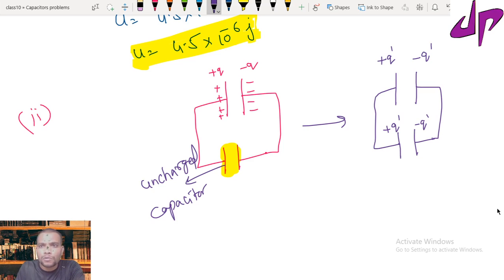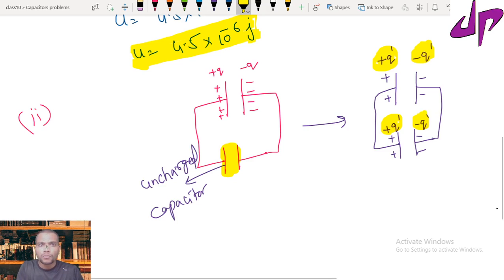It means the amount of the charge gets half in both cases. Now this is the new charge after connecting with the uncharged capacitor. We need to find the new charge and also the new energy stored.